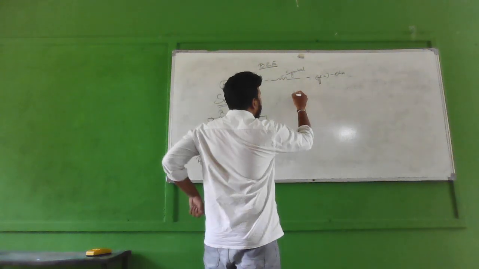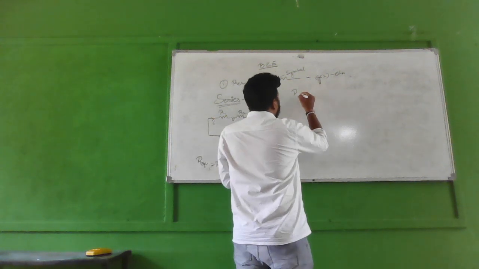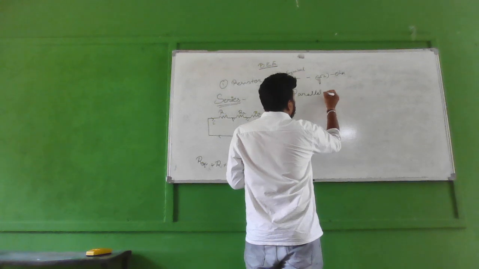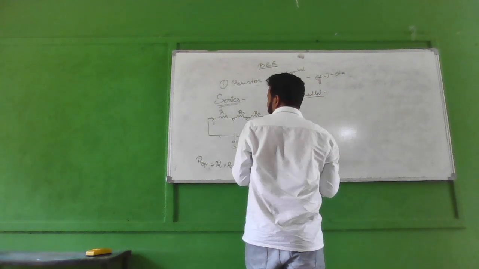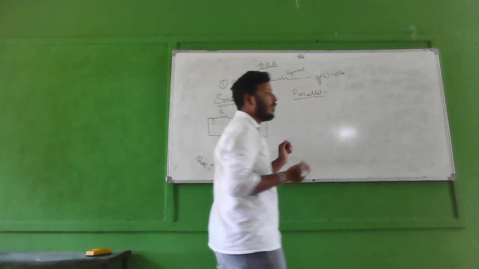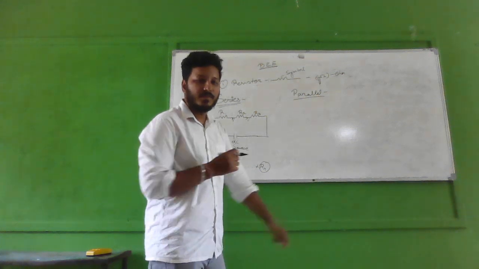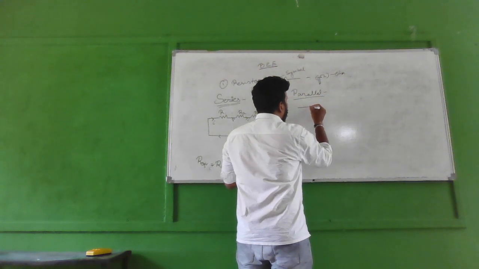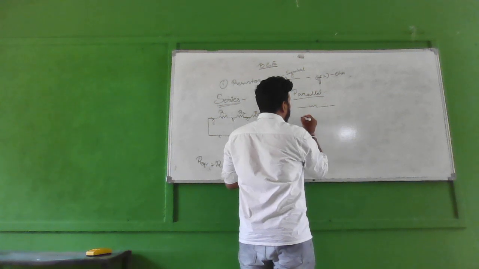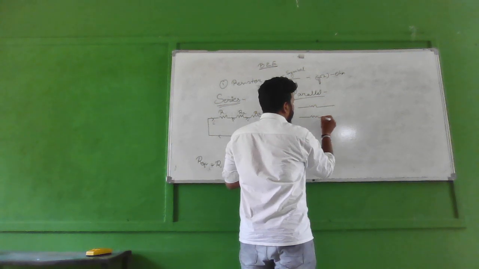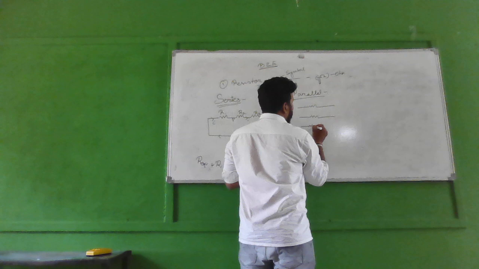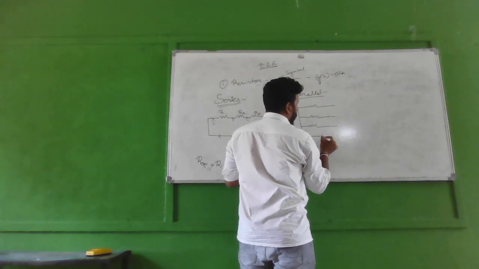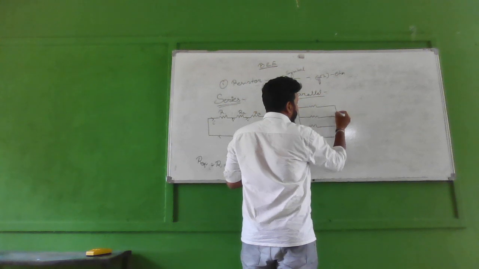After this, we will discuss parallel connection. In parallel connection, more than one resistor is connected in parallel. Resistor 1, resistor 2, resistor 3 are connected in parallel with a DC source.